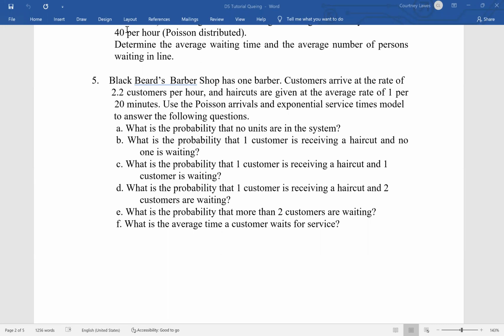From A and B, what is the probability that one customer is receiving service?